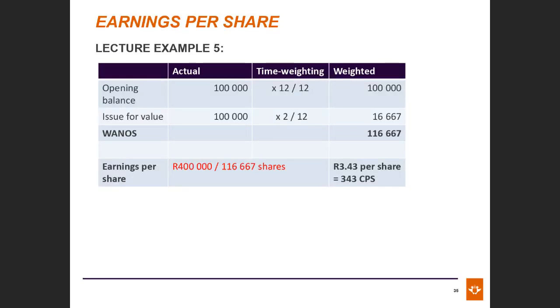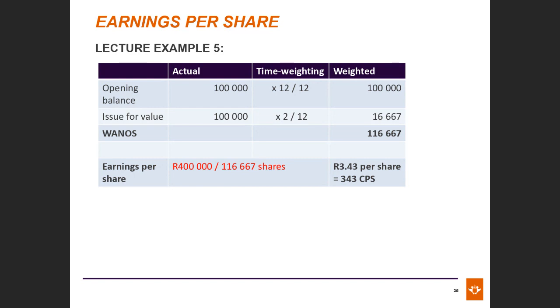Our earnings per share is a function of our earnings and our number of shares. But if we divided the earnings by 200,000, it would make it very small. But we need to consider the fact that we only had these new shares in issue for 2 months of the year. So we only had the earnings potential for 2 months. Have a look at the actual column and the weighted column.